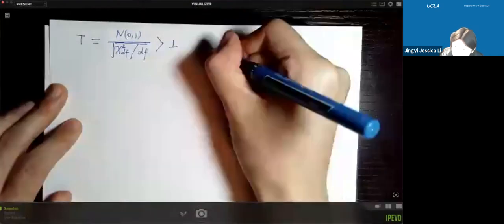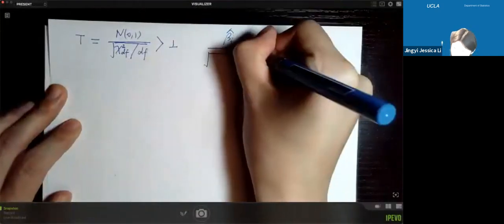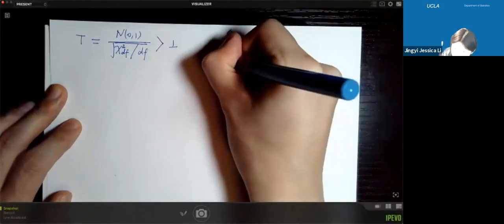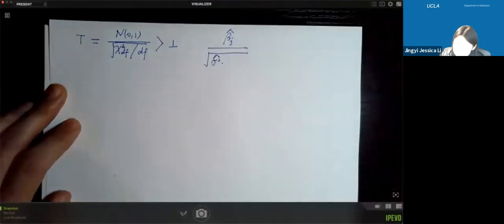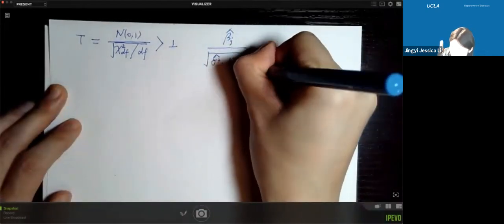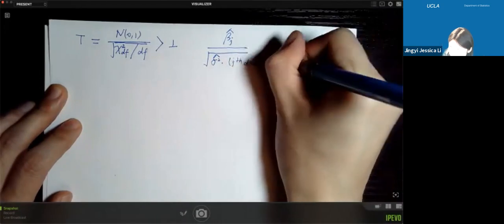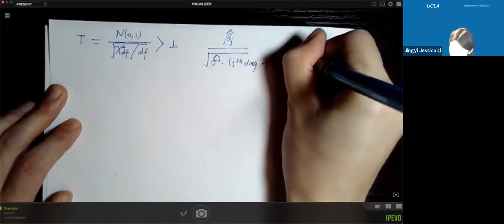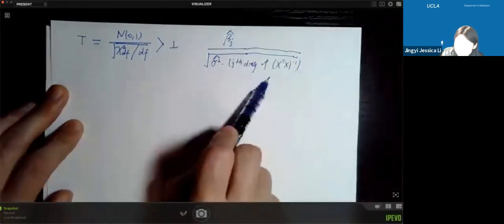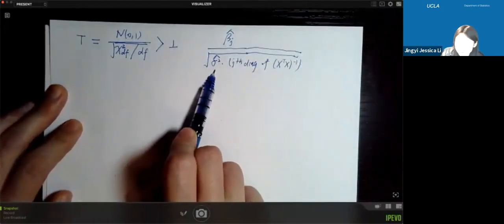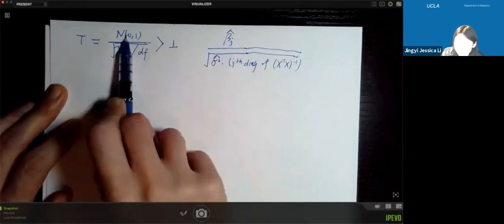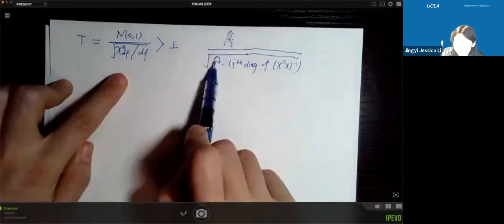Here we have sigma square hat times the jth diagonal of this. We can easily verify that this is a chi-square, chi-square with n minus p degrees of freedom, and we can verify this can be standardized to a standard normal. I'm going to leave this for you to verify.